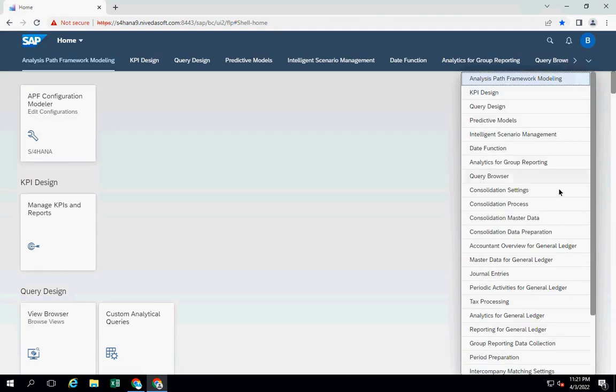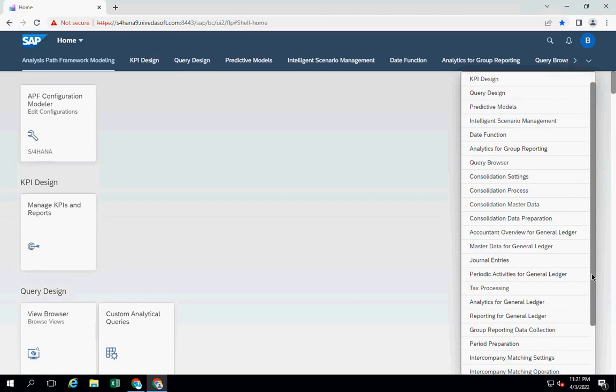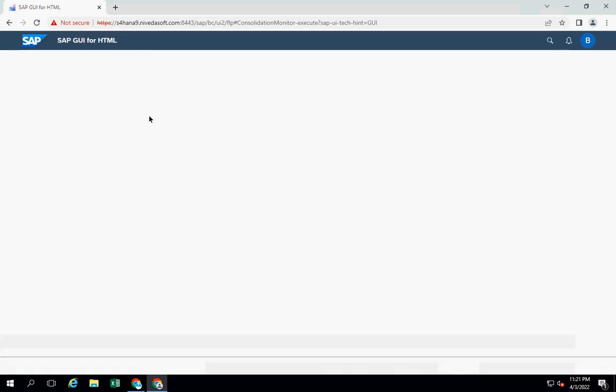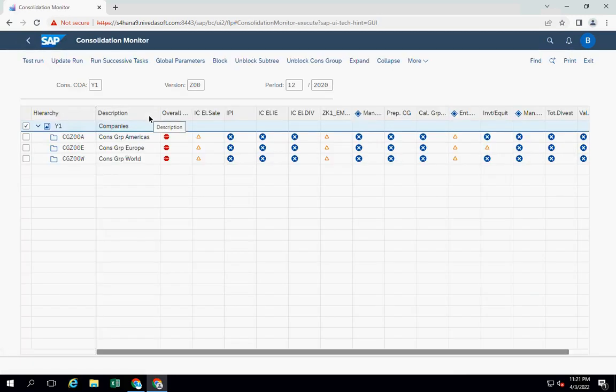So in the consolidation monitor, you have a task to execute this IPI. When you execute, the document type it is going to take is 2Z. And the posting level is connected to 20 only.